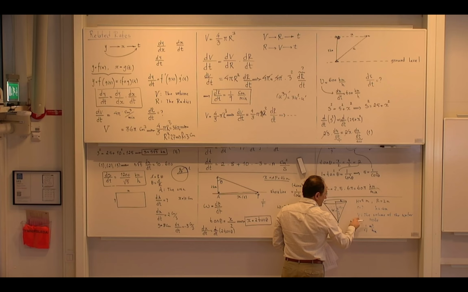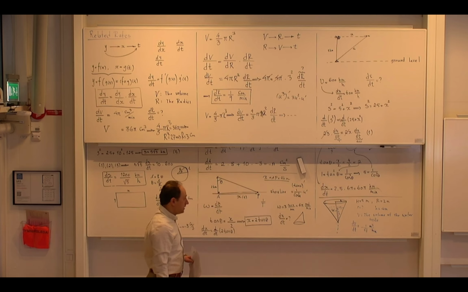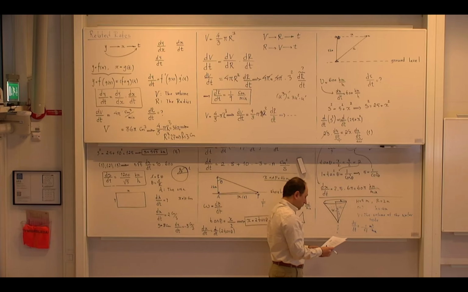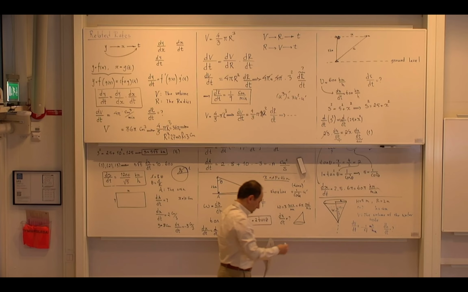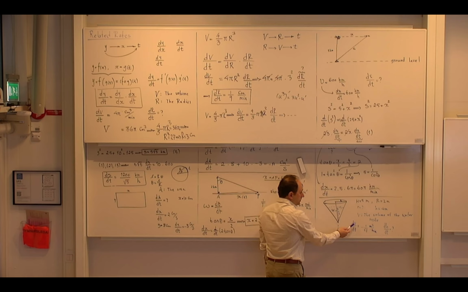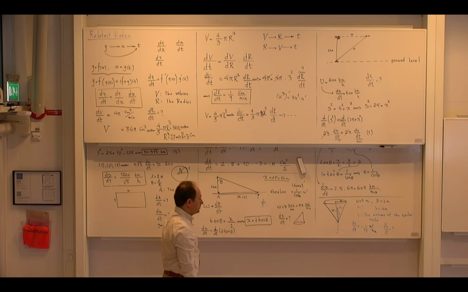But because V is the volume of the water inside, dV/dt will be negative because it is leaking out. What is wanted? I want to know how fast h is changing. Do you think we will get a negative or a positive number? Negative, because the volume is decreasing, and consequently the height is also decreasing. So the prediction is that the number should be negative.